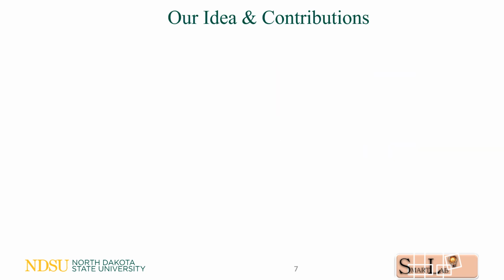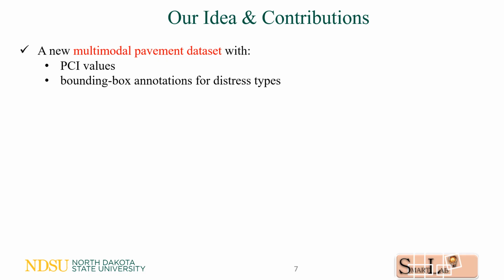Now, based on that, these are our ideas and contributions. First, we created a new multimodal pavement dataset with PCI values, which is just a rating of the pavement condition from 0 to 100, bounding box annotations for distress types, and structured textual descriptions.